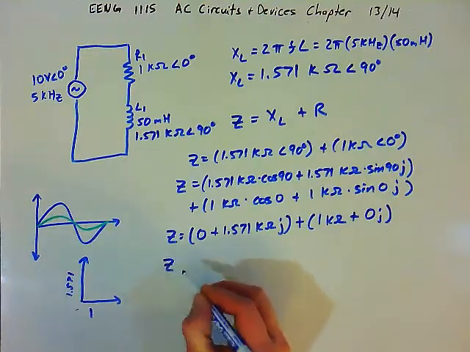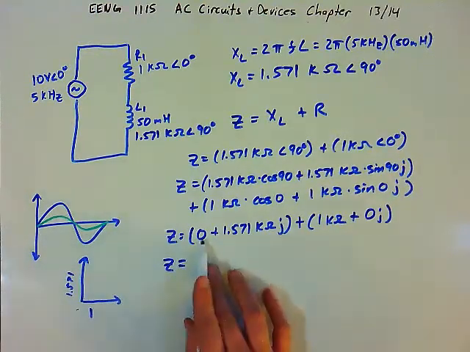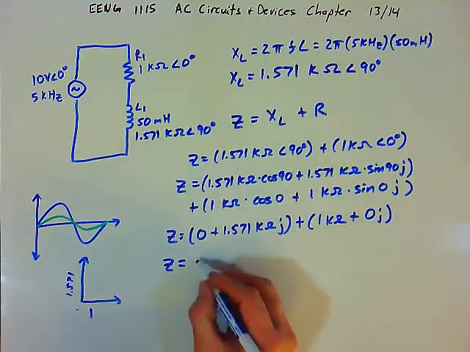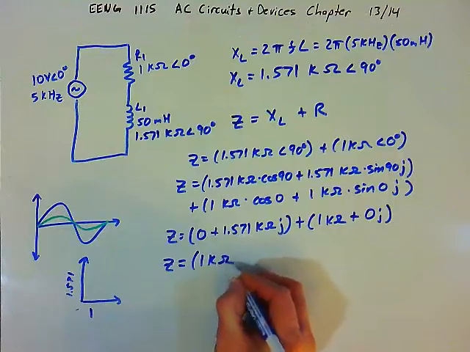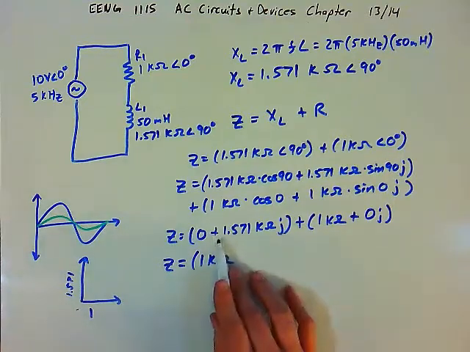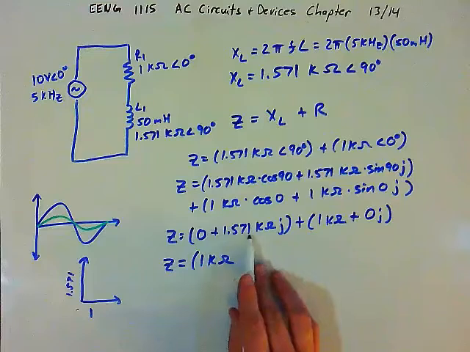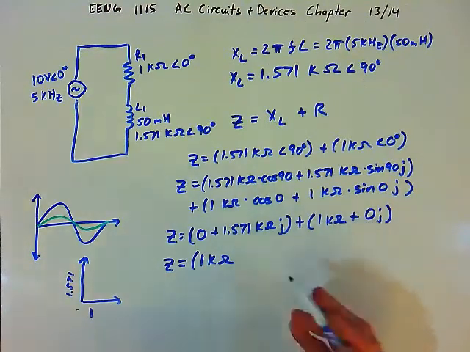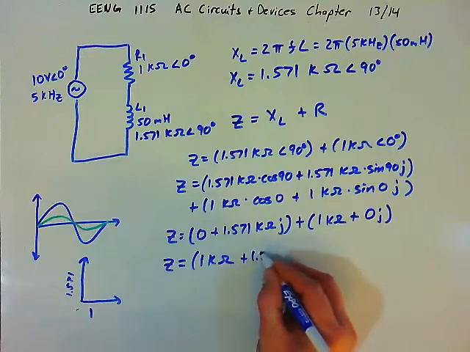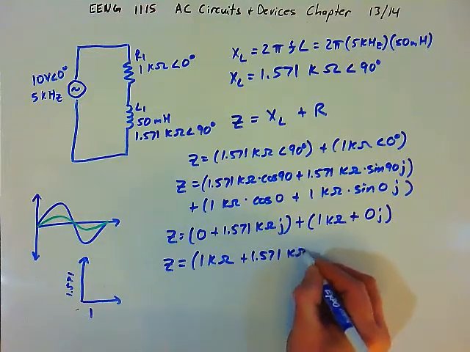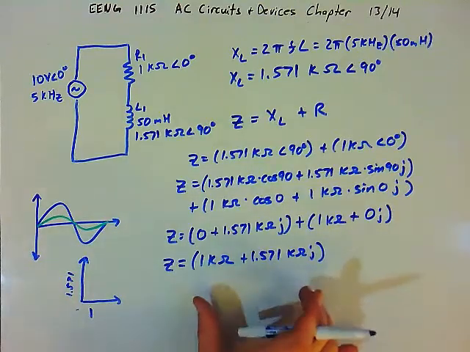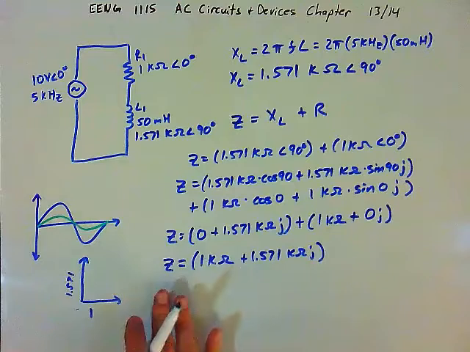And so when I add these two vectors together, I'm adding the x components together, 0 plus 1 kilo ohm, which is 1 kilo ohm. Okay, and then I add the y components together, 1.571 kilo ohms j plus 0j. And so that's just going to be 1.571 kilo ohms j. And so this is the vector that represents the impedance.